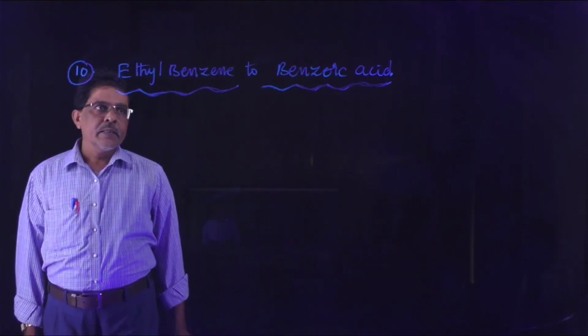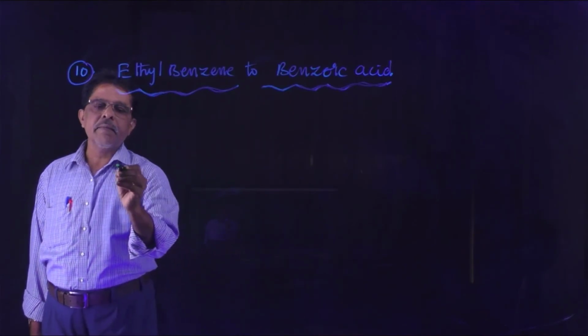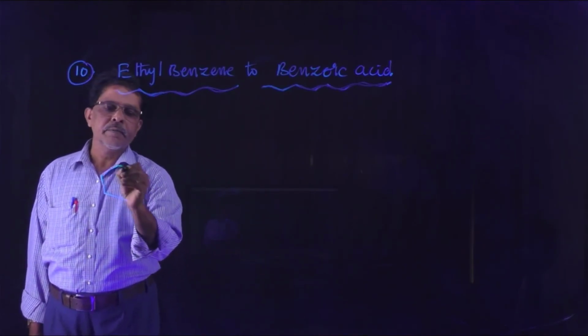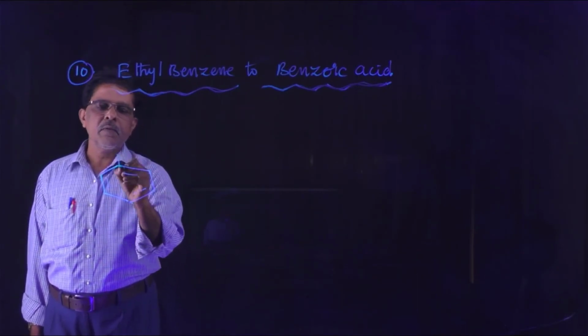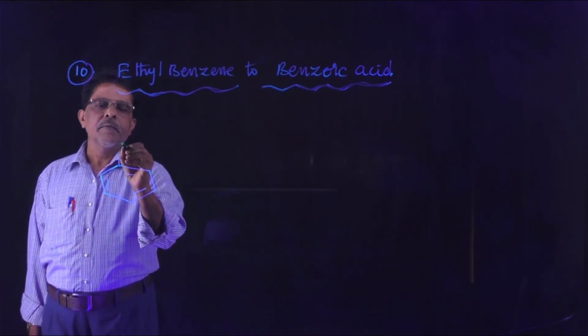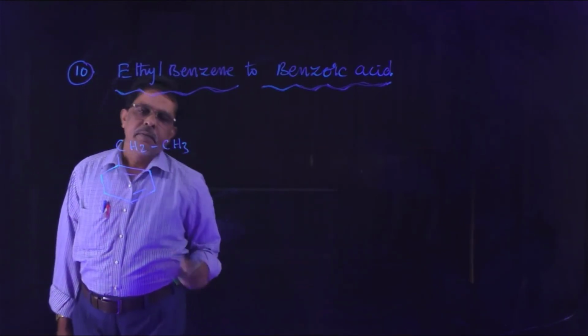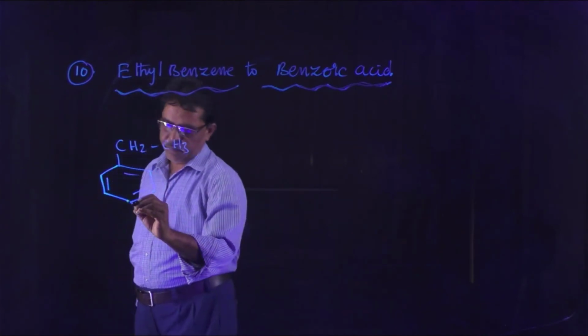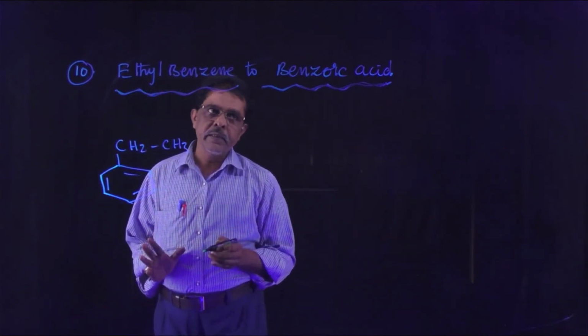Next conversion is ethyl benzene to benzoic acid. Ethyl benzene, you know very well, is a benzene ring with alternating 3 pi bonds, and an ethyl group is attached. This ethyl group is changed into benzoic acid.